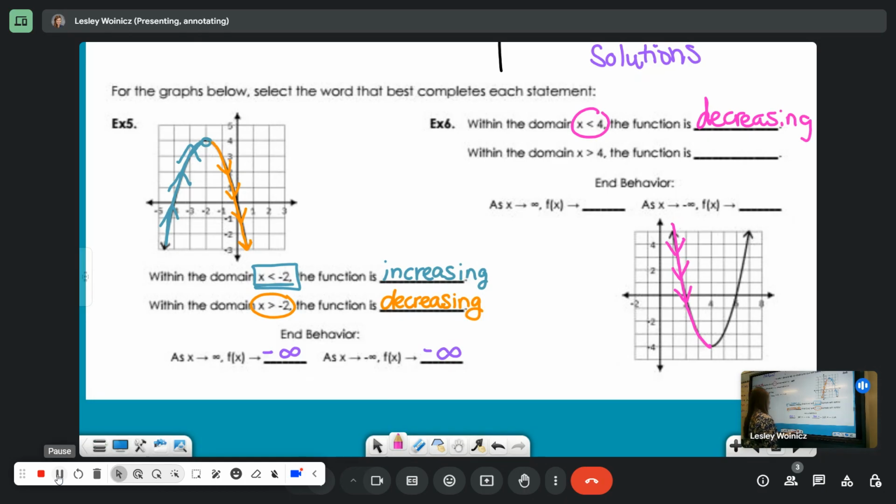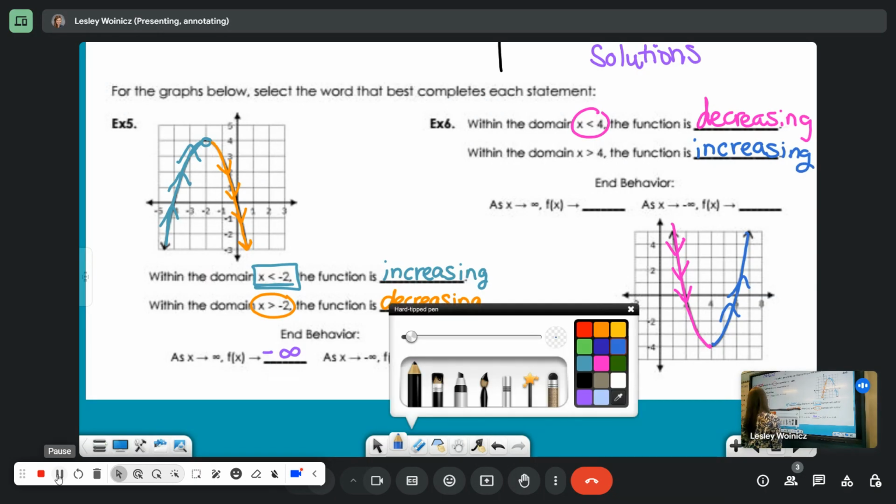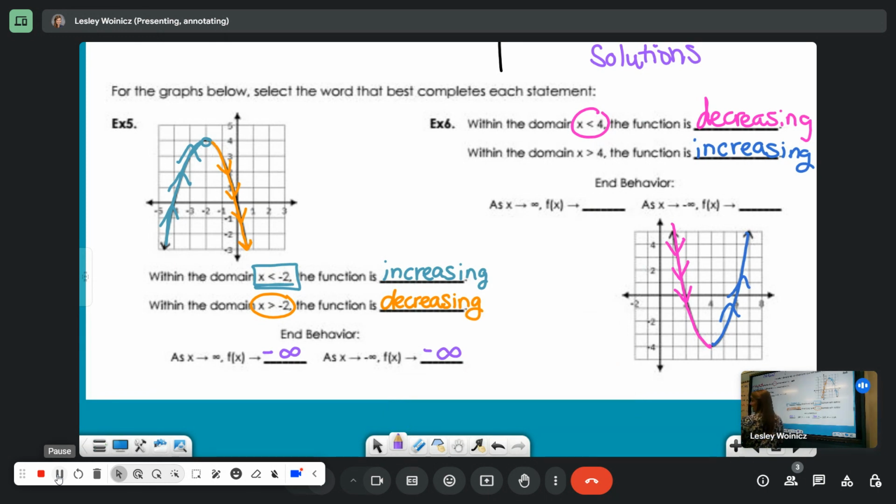All right, what about when x is greater than 4? Increasing. And then my end behavior, what's happening as x goes to negative and positive infinity? What's happening to my f of x's? Yep. Okay, that's the end.